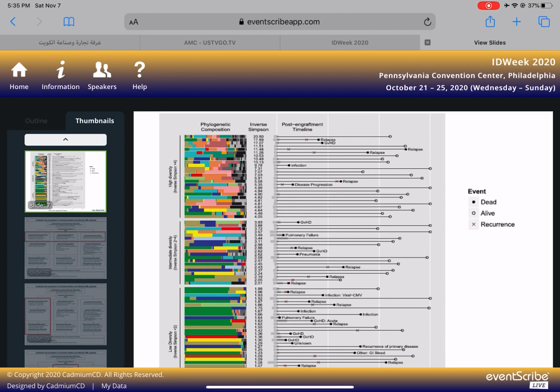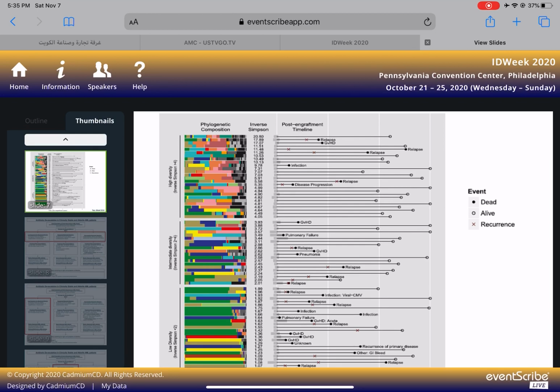Sorry, this is a little bit hard to read, but I just want to point out that when you look at not only death, but also other outcomes such as GVHD, infection, relapse rates, at the top of this graph, the high diversity group has a relatively lower incidence of GVHD, relapse, infection, things like that. But as you move down this figure to the intermediate and low diversity, the incidence of these complications becomes much higher.